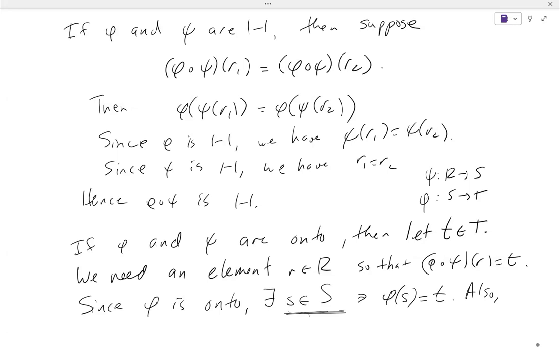I got back from T to S. Now I can go from S to R by using the psi, which is the correct psi this time, right? So since psi is onto, what is true? There exists an R that maps to S. Good.